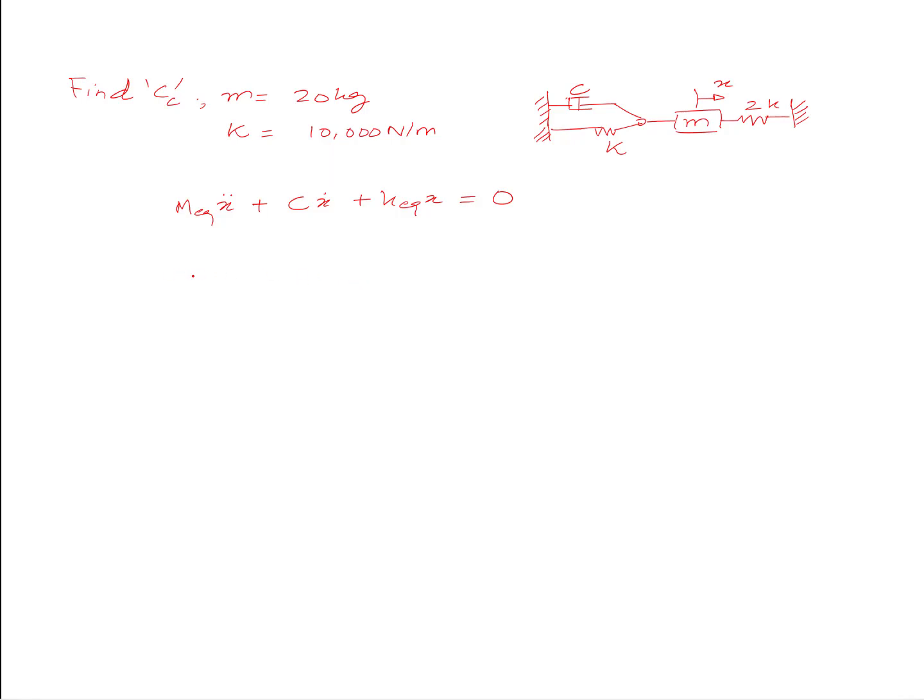So we need to find the kinetic energy and the potential energy of the system. The kinetic energy will be equal to half m x dot squared, right? There is only one mass, so this can easily be said as m equivalent.